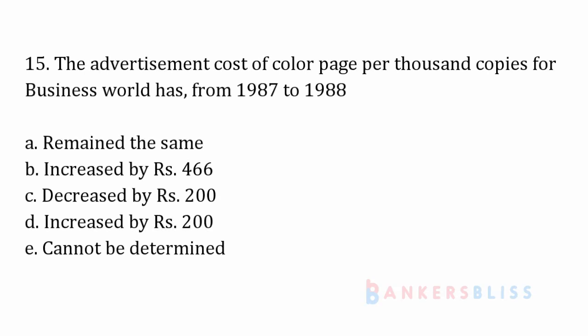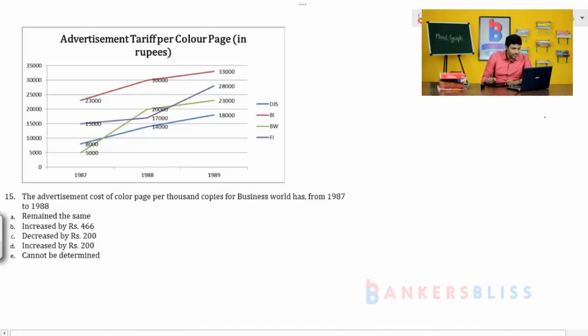Let's move on to the next problem, problem number 15. The advertisement cost of color page per 1000 copies for Business World has changed from 1987 to 1988. During 1987, you have to consider Business World.